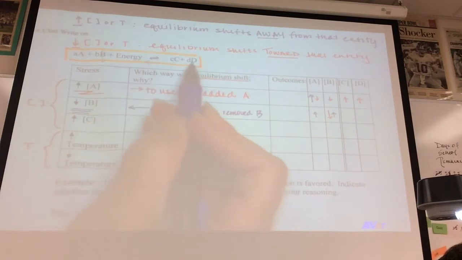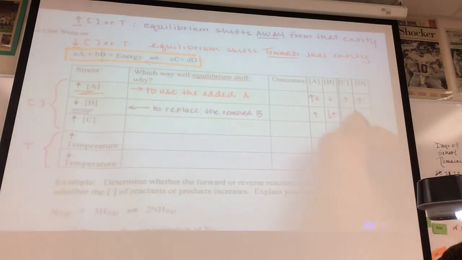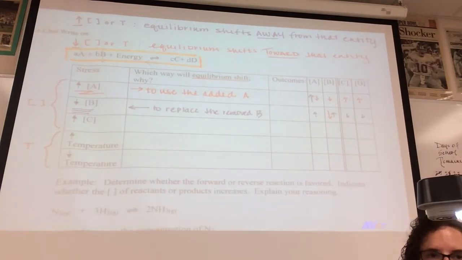Shifting in the reverse direction causes these substances to be consumed, so their concentrations will decrease.